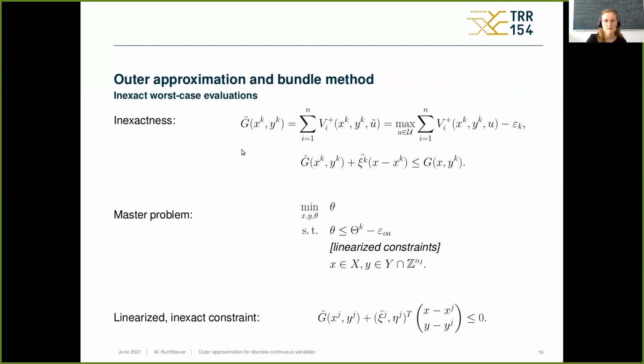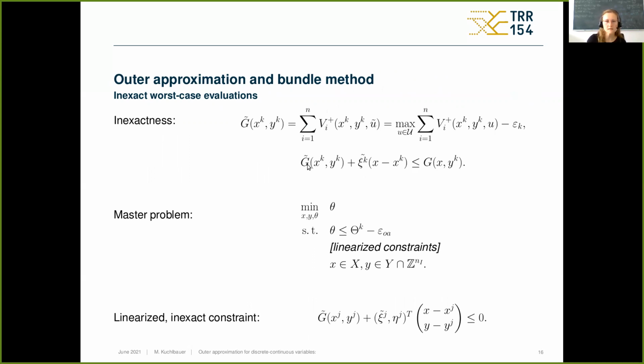So we have again a bounded error in the function value, as we have an inexact worst case at the solution of the bundle method. And we also obtain an inexact subgradient, which, when we evaluate the subgradient inequality at the inexact function value, still underestimates the correct function.